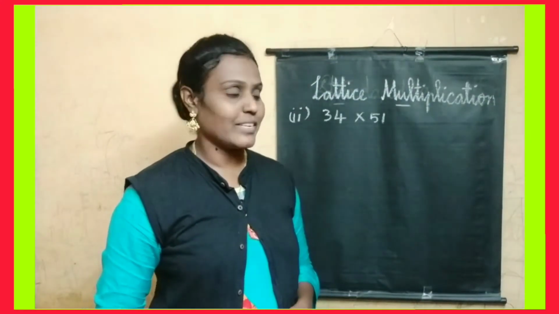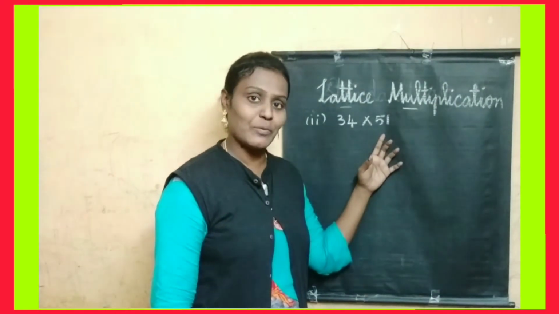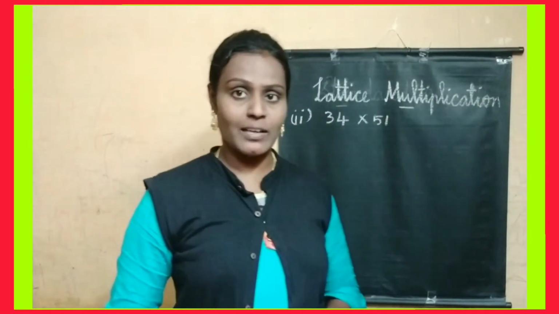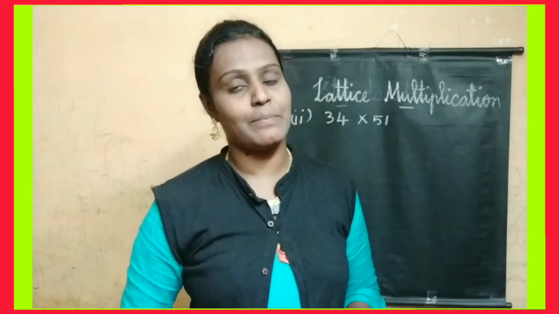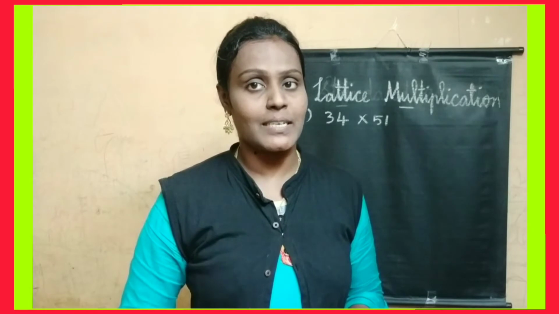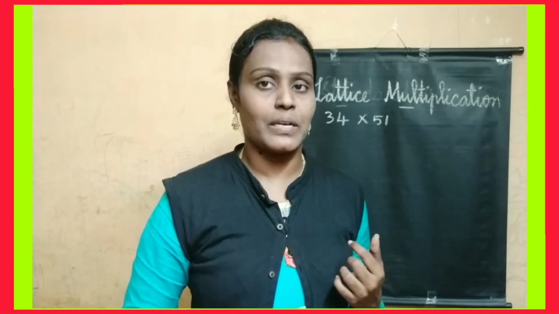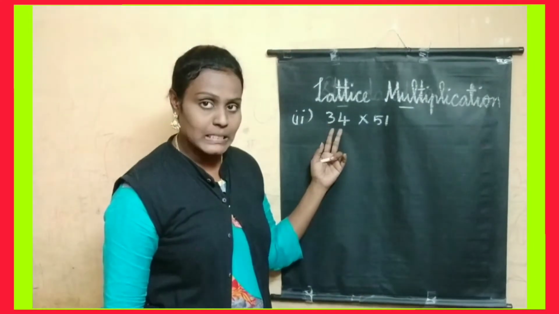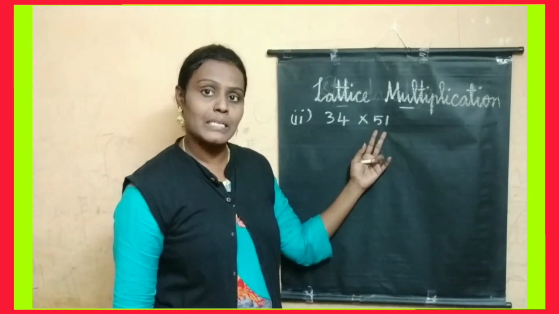Next, second one. Here we have 34 multiplied by 51. For lattice multiplication, we have to draw squares according to the digits of the multiplicand and multiplier. Here we have 2 digits in the multiplicand and 2 digits in the multiplier.